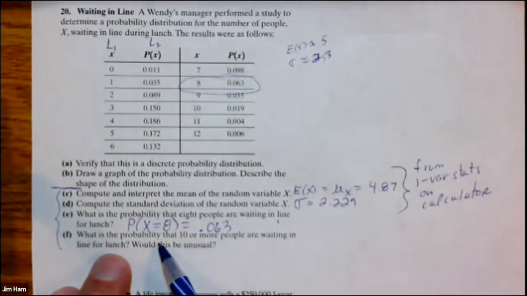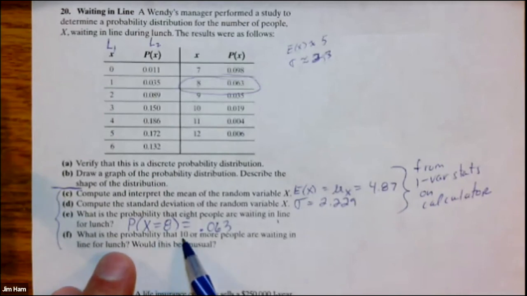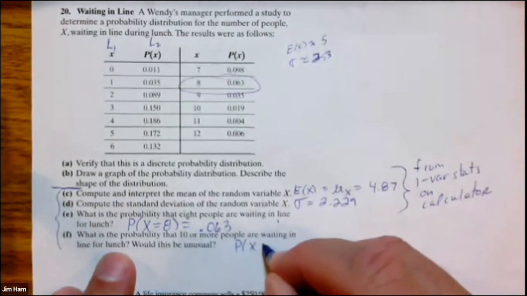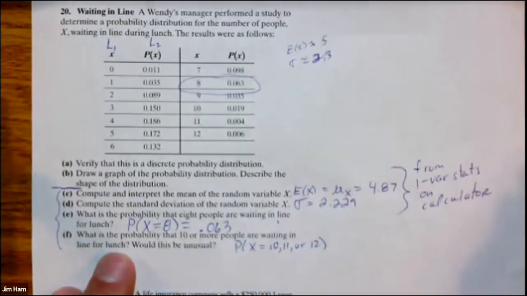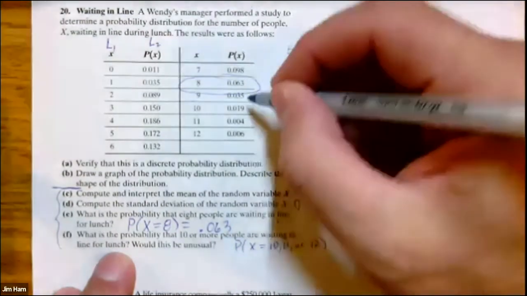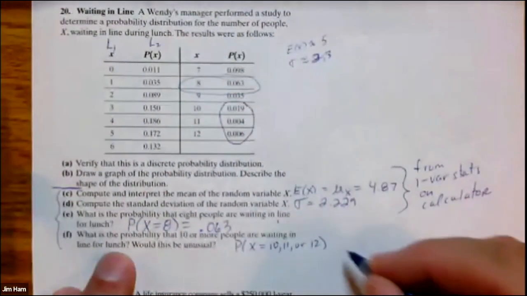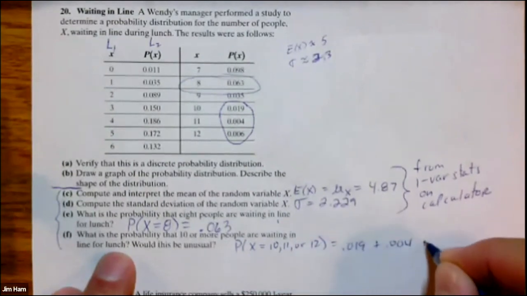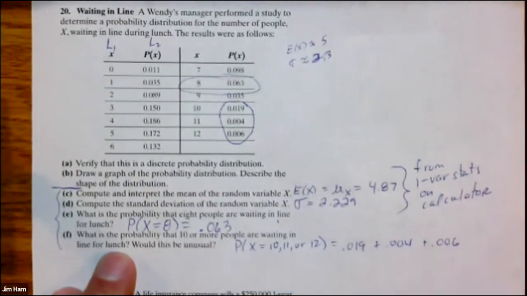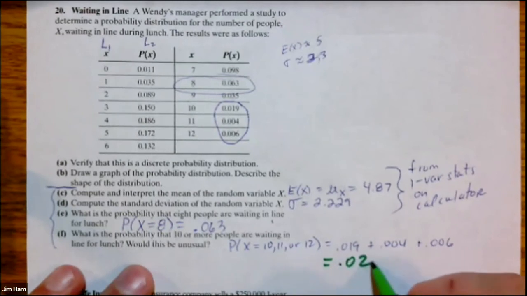And what's the probability for part F? That 10 or more. And we only go up to 12, so what's the probability that X equals 10, 11, or 12? 10 or more. So we would take these probabilities and add them together. 0.019 plus 0.004 plus 0.006, 0.029.